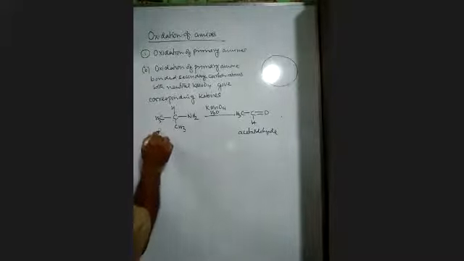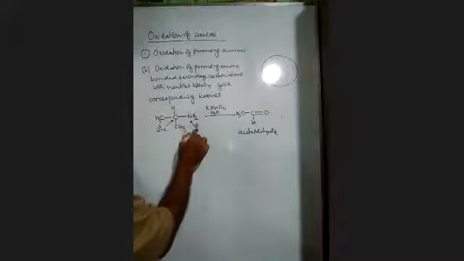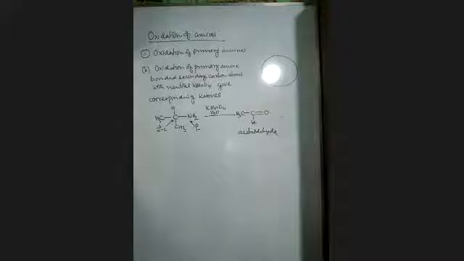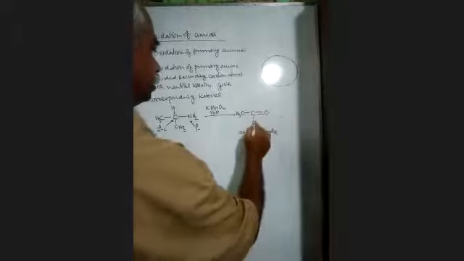See here, this is a secondary carbon. Only one H is there, and the amine is primary. So in that case, you get this. How does it happen?